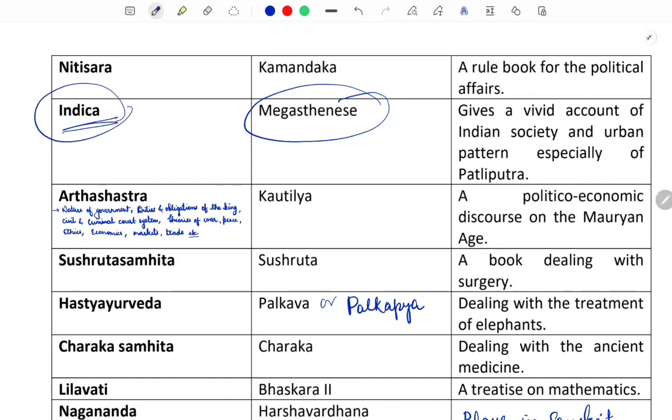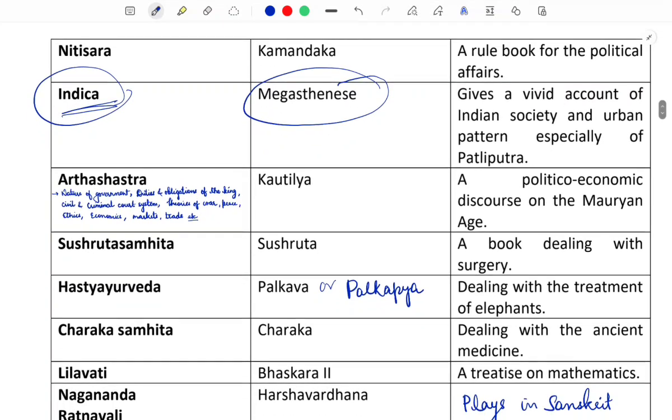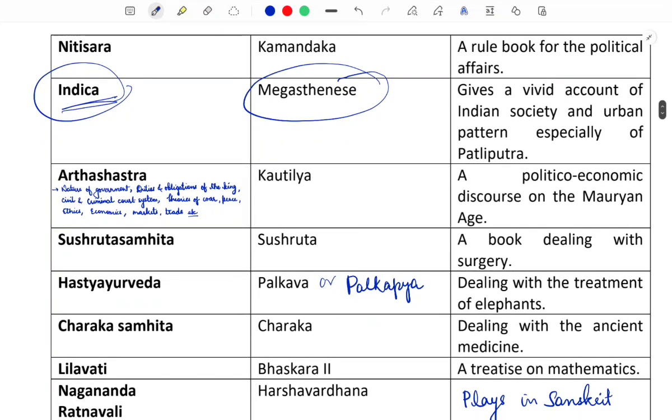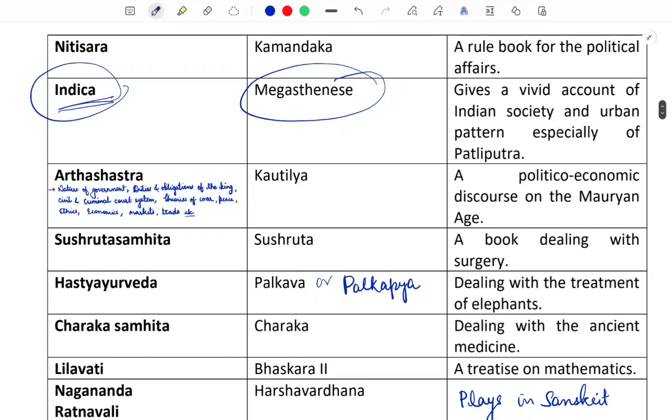But we find references to this book in Greek literature. In Greek literature they refer to Indica, saying that this was written in Indica. So this is why we know about this book, but it is not available right now. This book gives a vivid account of Indian society and the urban pattern, especially of Patliputra.